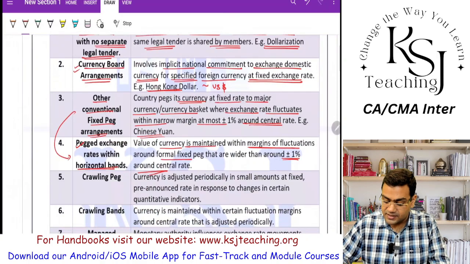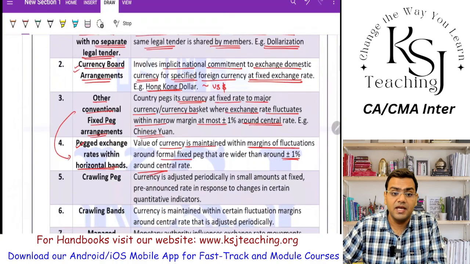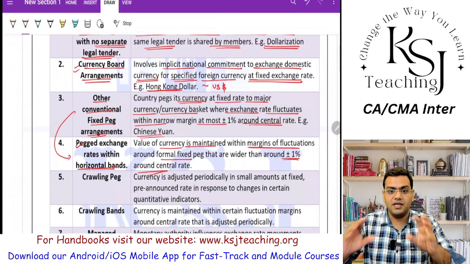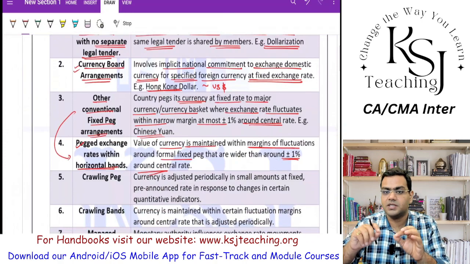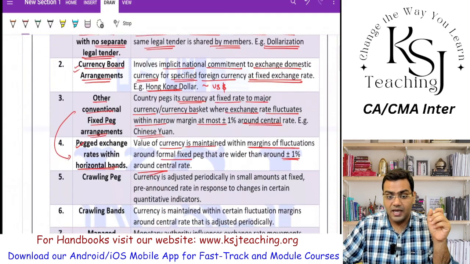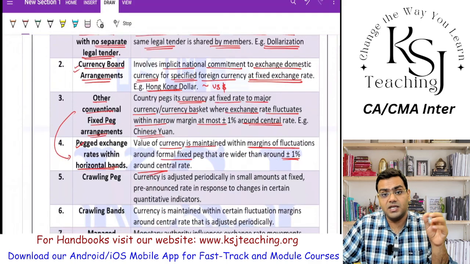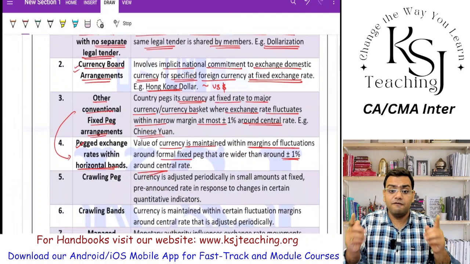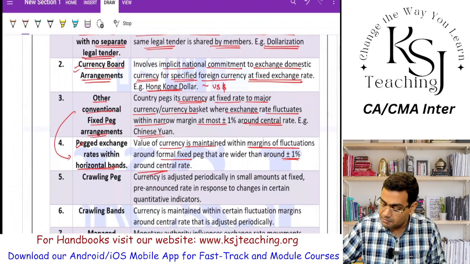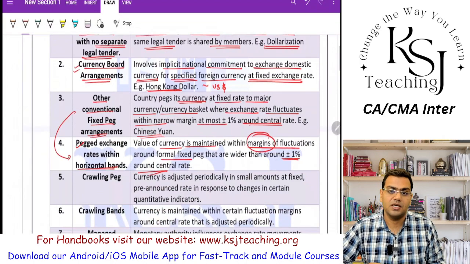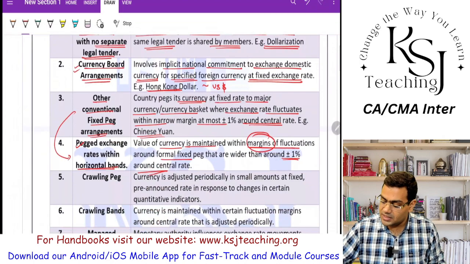In the first case, the conventional fixed peg arrangement, if there is a fluctuation, it will be within the range of plus minus 1%. In this, the fluctuation can be wider, but it will be within the fixed range, within the acceptable margins of fluctuations, right? So the margin of fluctuation can be around 4%.